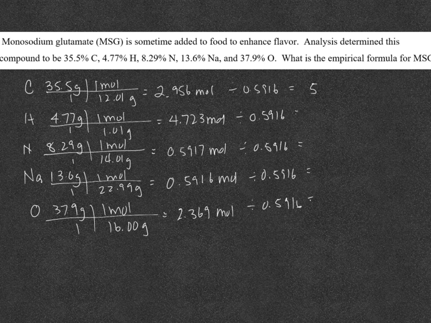So I get 5, 8, 1, 1, 4. Now you can only round if you're at like 3.999 or 3.90, then you can round, or 4.1, then you can round. But if you're at like 3.8 or 3.7, you cannot round those ratios. Then you would have to multiply till whole.